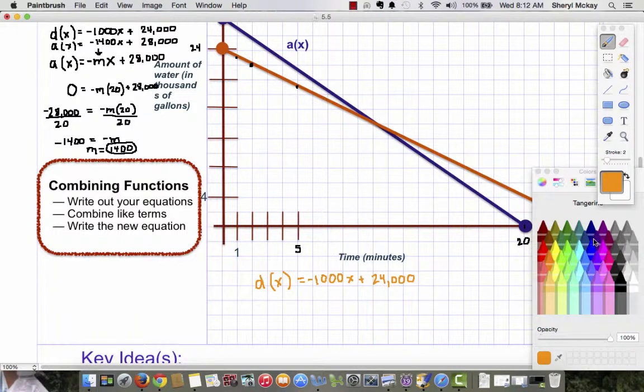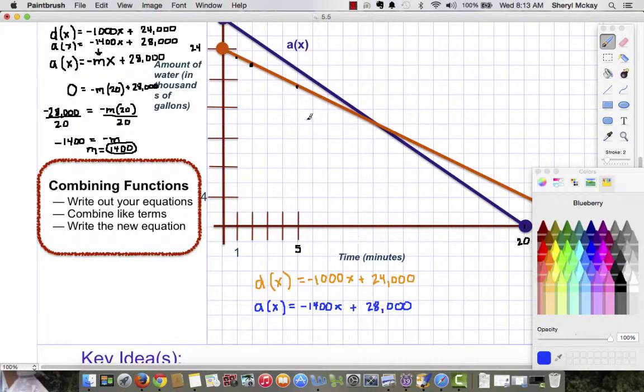And then I'm going to do Allie's, which is a of x. A of x equals negative 1,400 x plus 28,000. Okay, so now we have two functions.